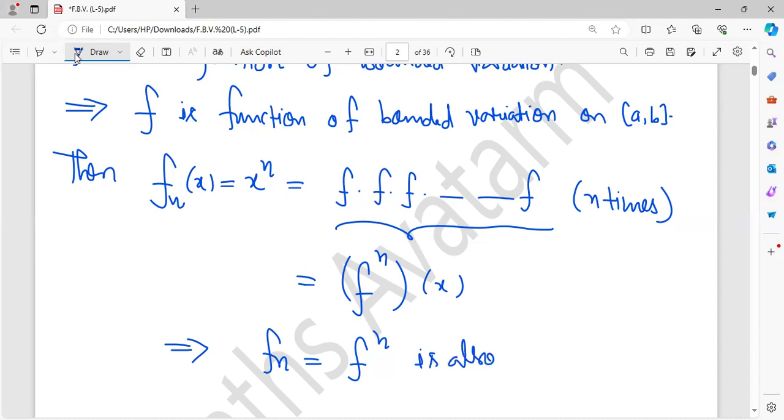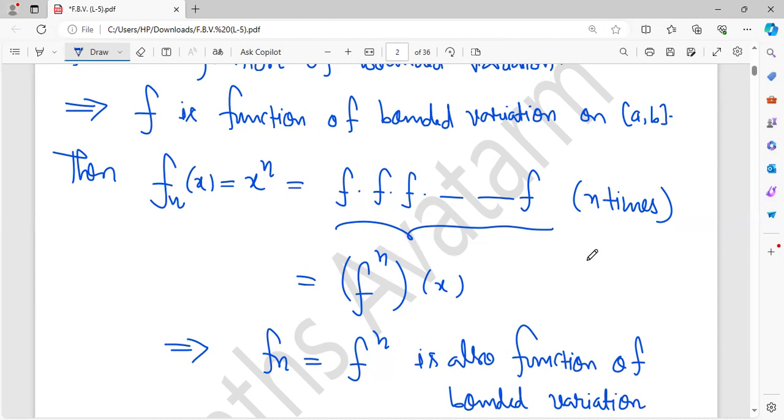So this implies f_n, which is f to the power n, is also a function of bounded variation, because the product of functions of bounded variation is a function of bounded variation.